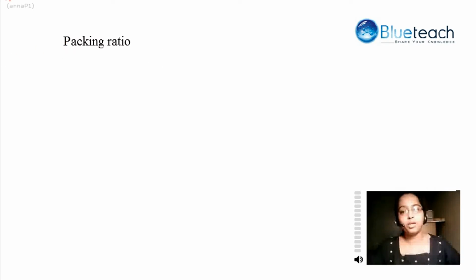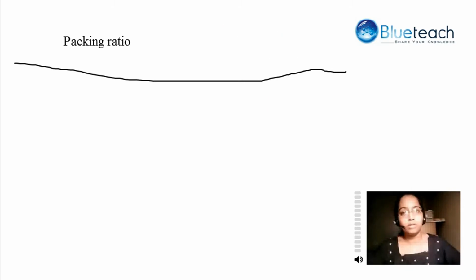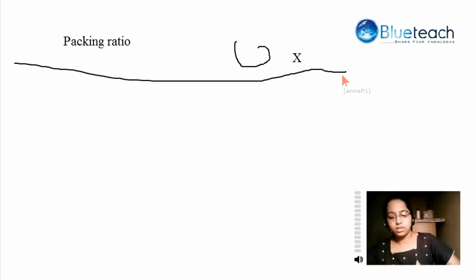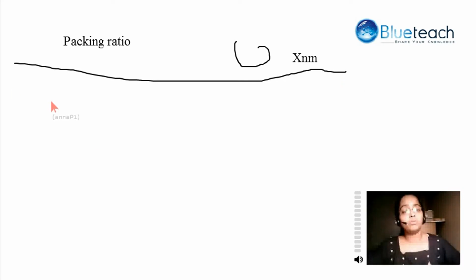Now, what is this packing ratio? Suppose we have an initial DNA measuring x nanometers in length. It passes through various stages of condensation, and during mitosis it gets condensed into a very small compact form, called a chromatid.